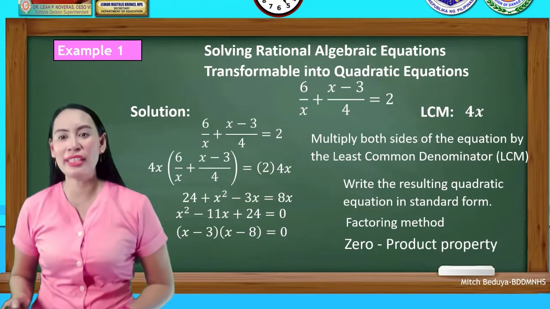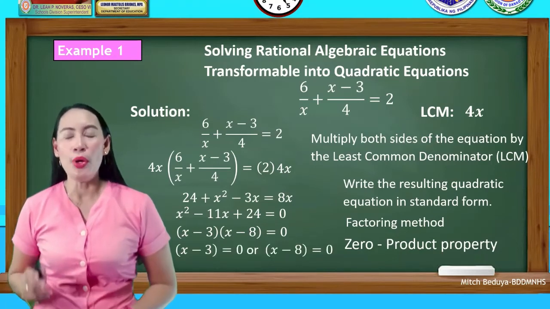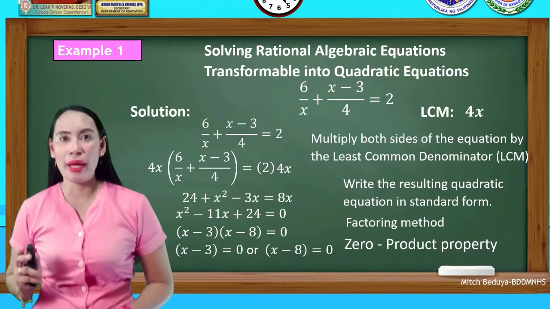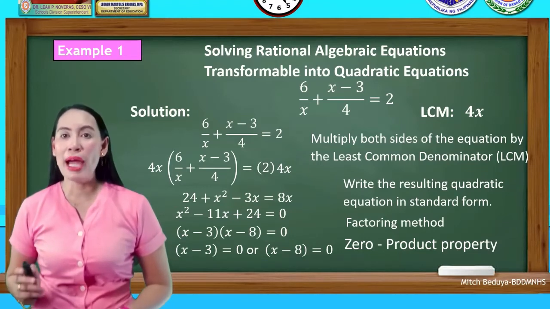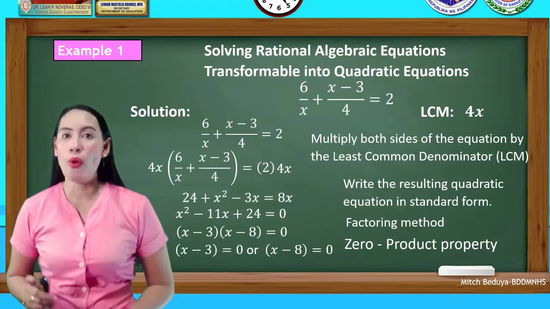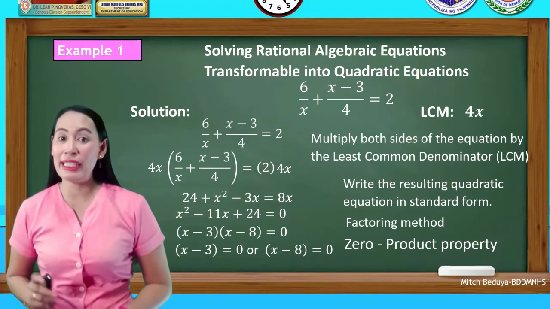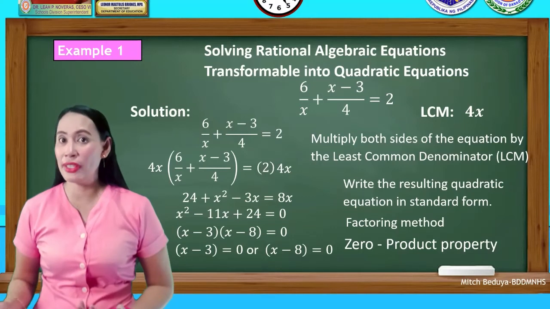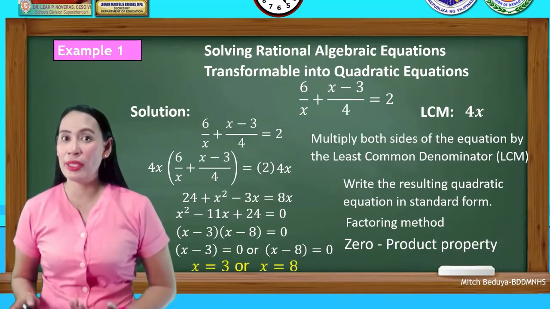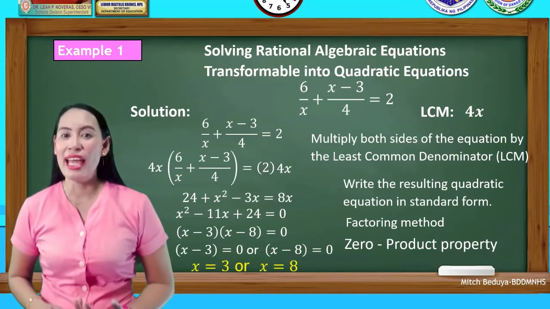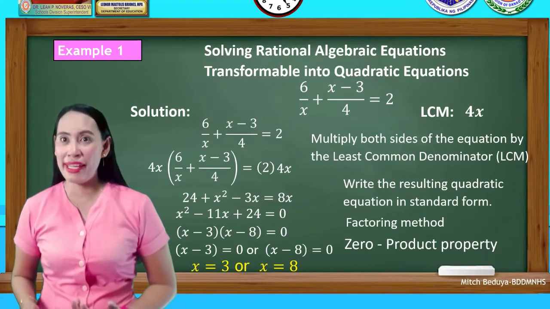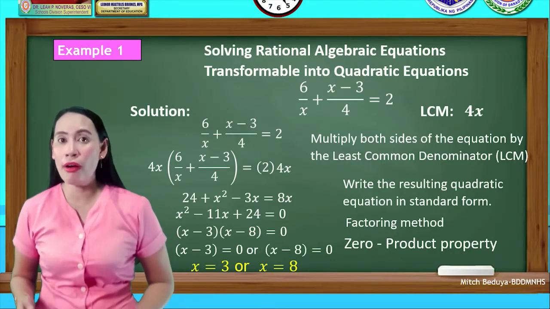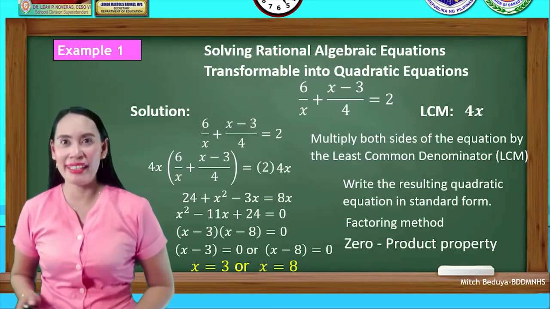By applying the zero product property, we have two linear equations. So x minus 3 equals 0 or x minus 8 equals 0. Let us solve the resulting linear equations. So x equals 3 and x equals 8. The values of x are 3 and 8.